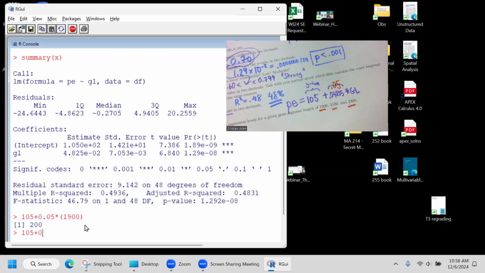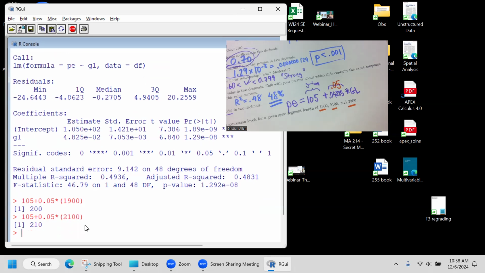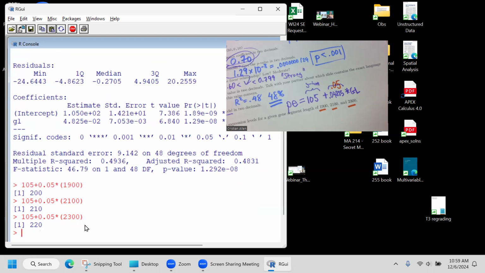If somebody said, hey, the gene length is 2100, okay, we can do that. Our protein expression level is 210, and so on, 2300. So the predicted values for these 3 gene lengths are the protein expression levels 200, 210, and 220.